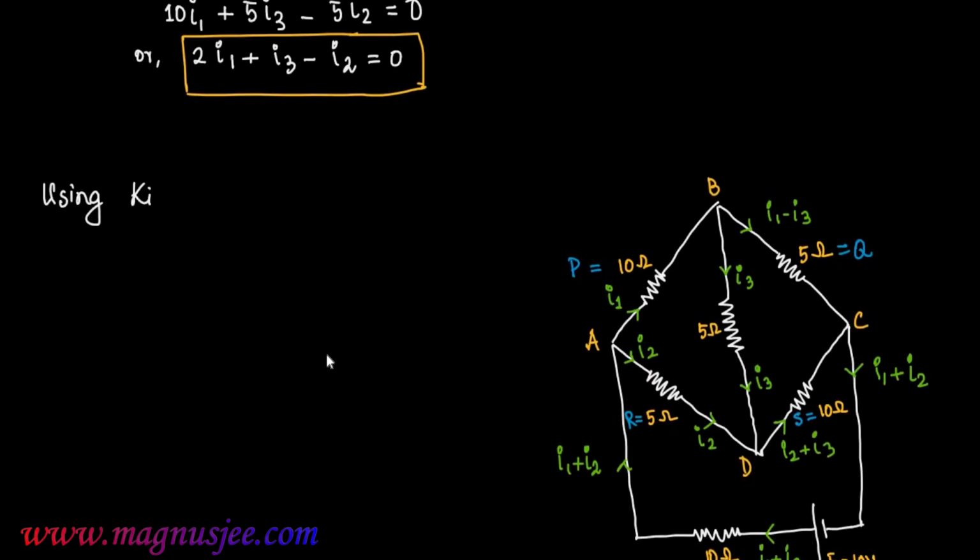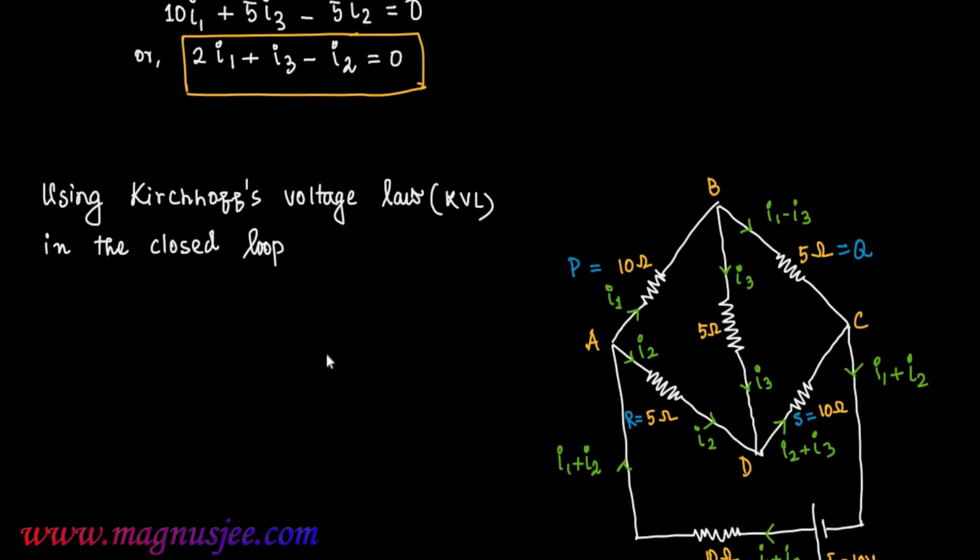Again using Kirchhoff's voltage law, in the second closed loop BCDB, we get the following. The last loop was ABDA, but here we use KVL in the closed loop BCDB. The potential difference across the resistor Q equal to 5 ohm is 5 into I1 minus I3.